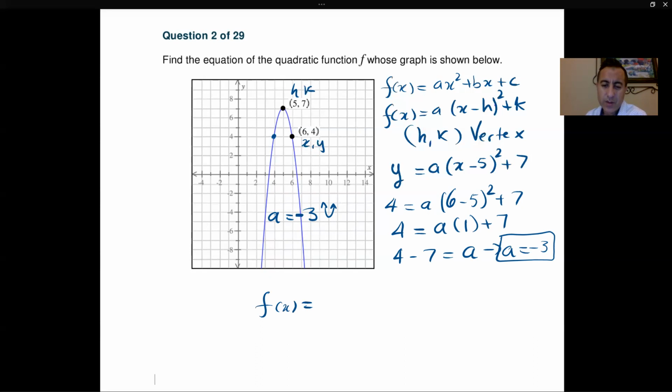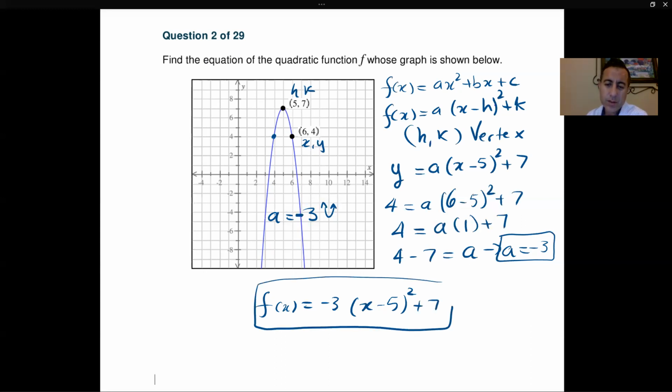So now we have the leading coefficient, we have the (h, k), and that's it. You can take points from this, plug them in and substitute them, and you'll find the same graph.